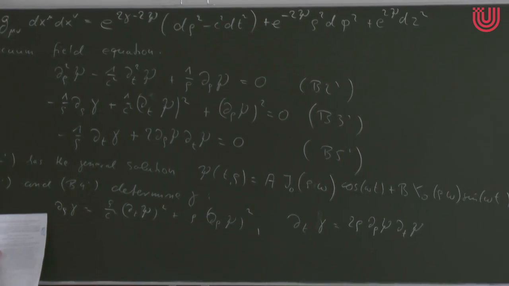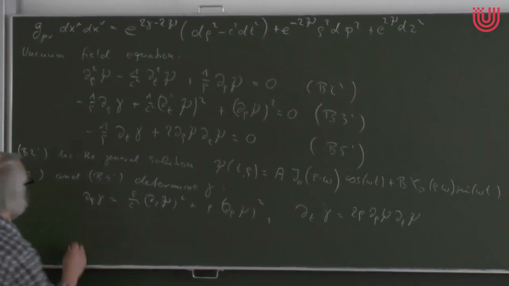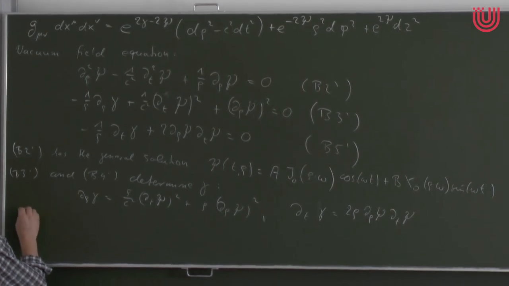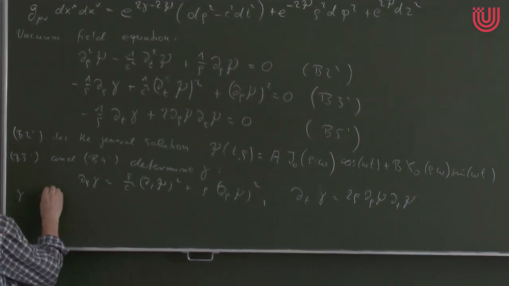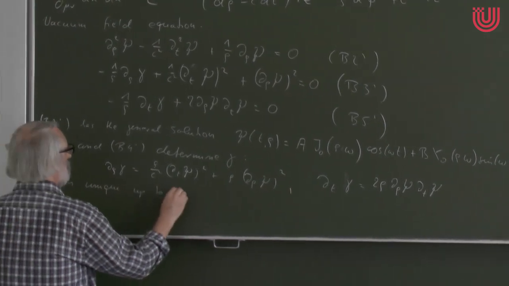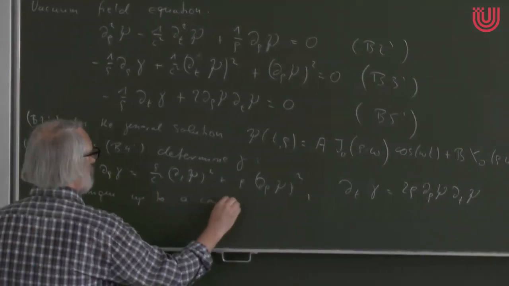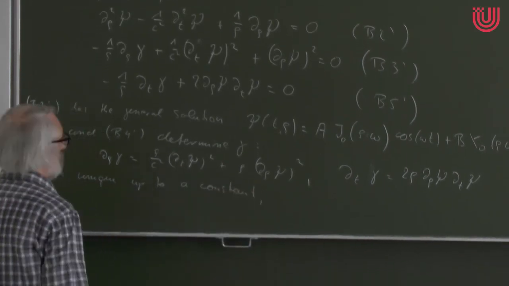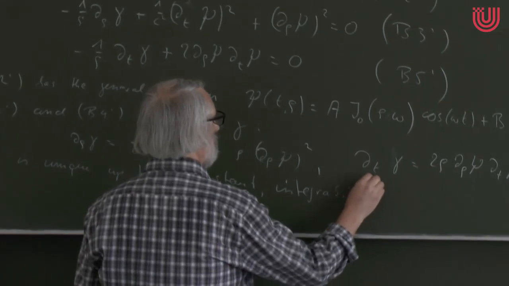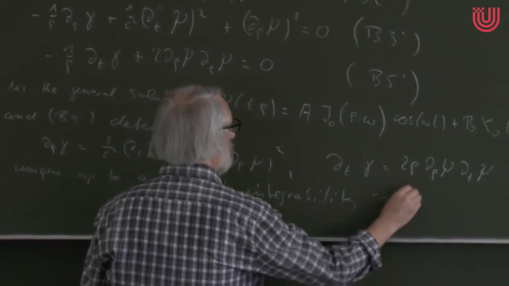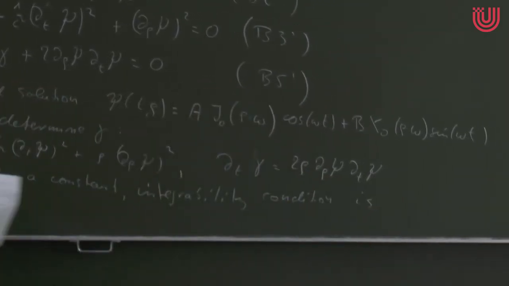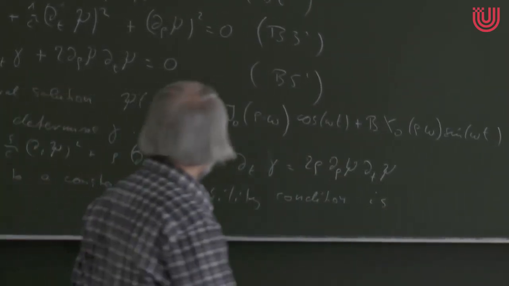So again, we have a non-trivial integrability condition. Gamma is unique up to a constant. And the integrability condition, I claim, and I prove it in a minute, is indeed satisfied. So this is uniqueness, and this is about existence of a gamma.